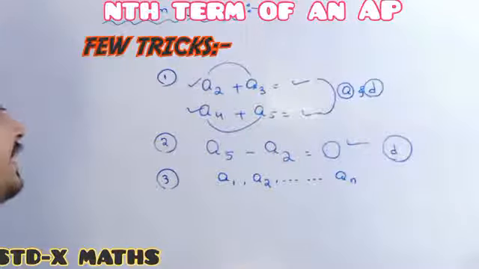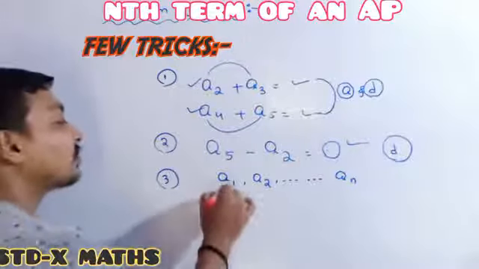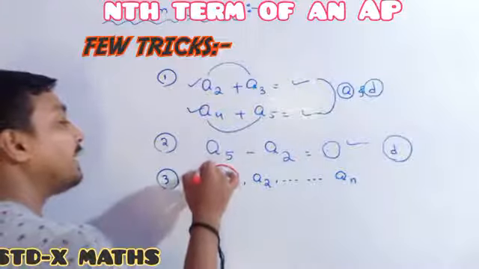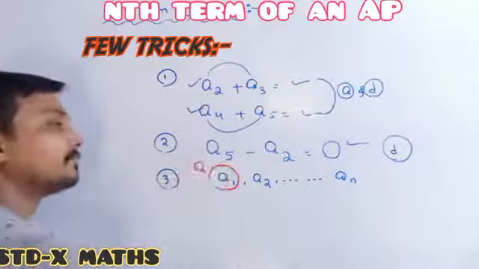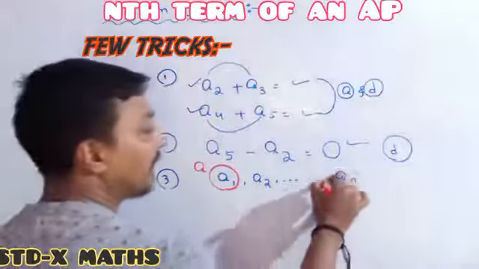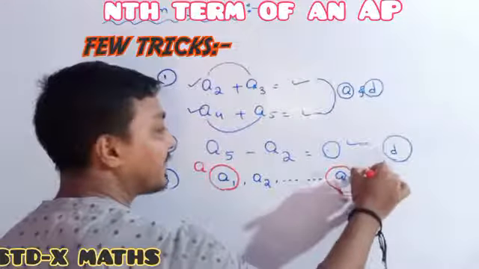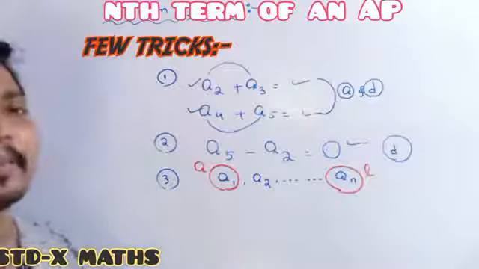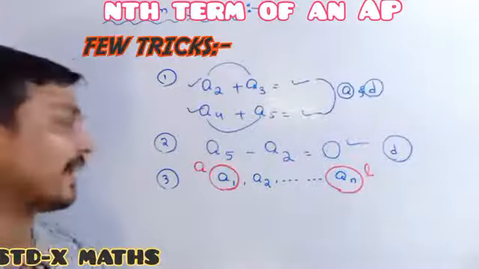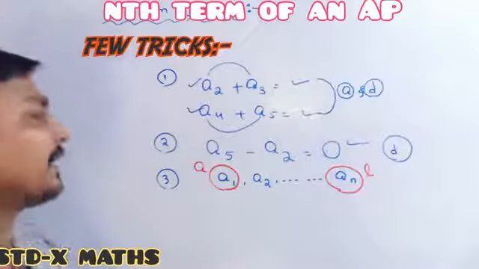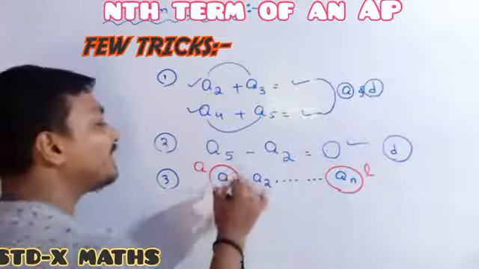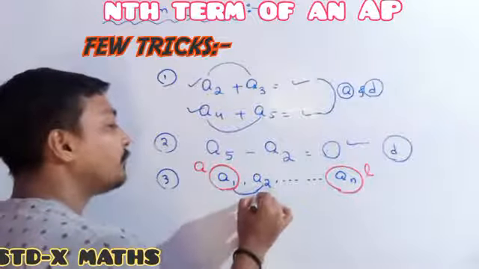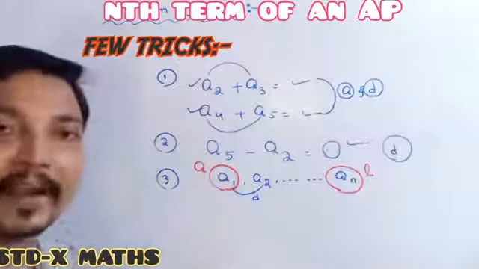Remember one of the shortcut tricks: A1 can be treated as a, and the last term can always be treated as l. And from the AP one can easily find out the difference.